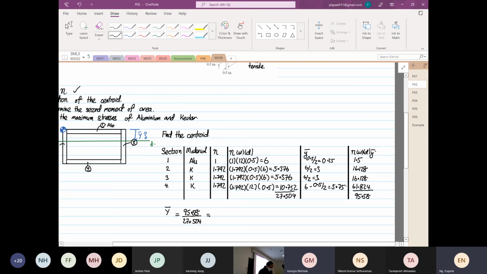Okay, so 95.58, 27.504, we divide them. It's 3.475 inches from the top. Okay, 3.475 from the top. Or, okay, so 6 minus 3.475, 2.525 from the bottom.